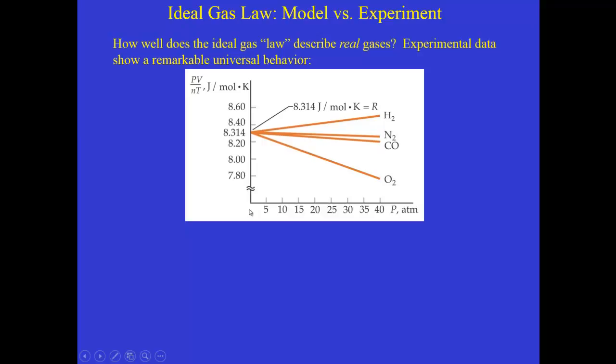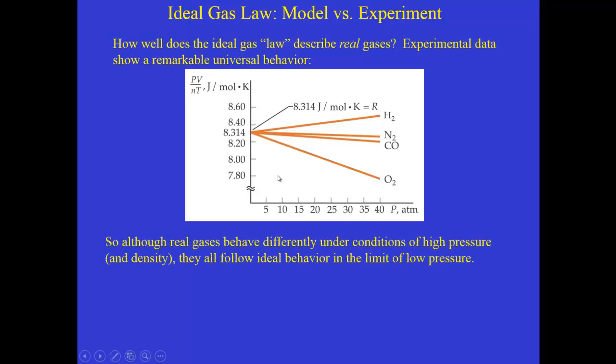If we extrapolate down to zero pressure, they all intersect at the same point. And this point is the gas constant, because PV over nT is equal to R. And that's a really remarkable expression, but what it shows is that at the very, very lowest of pressures, where the gas is very dilute, that all gas molecules behave essentially the same.